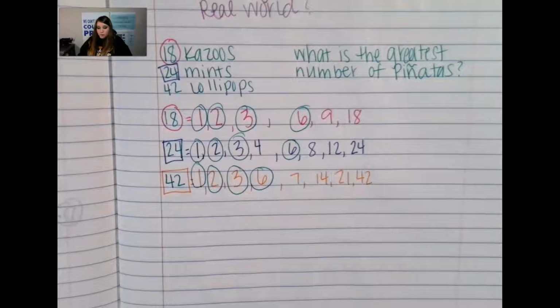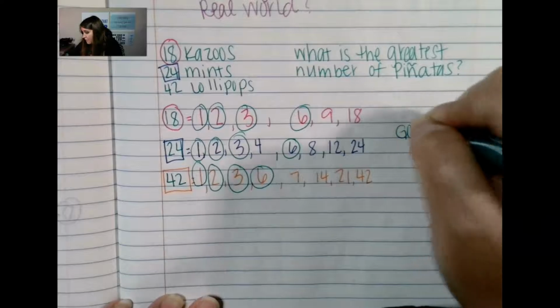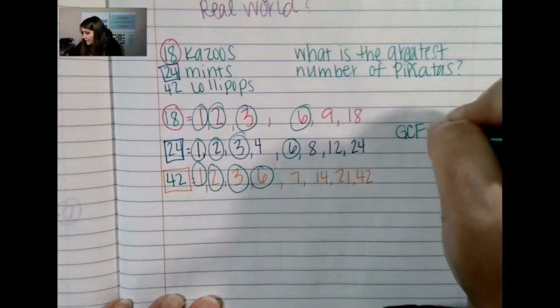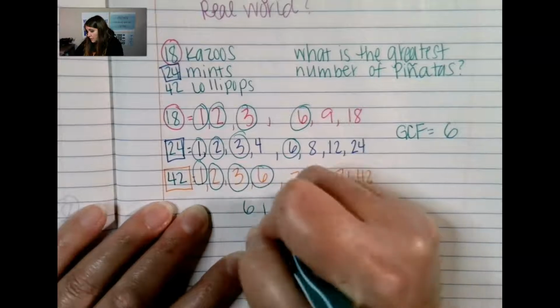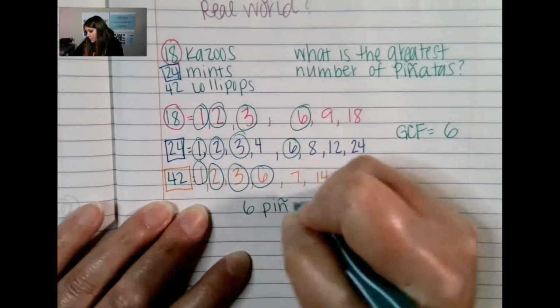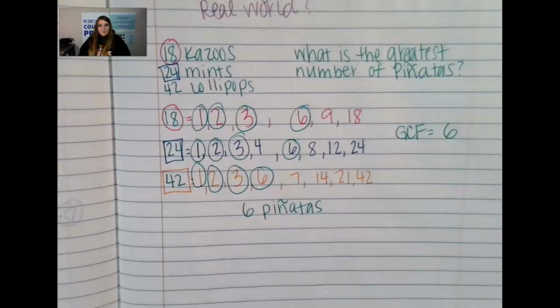So the greatest common factor that we can pull out is 6. So we can make 6 pinatas. Woohoo! Look at us go. That's a lot of pinatas that we can create.